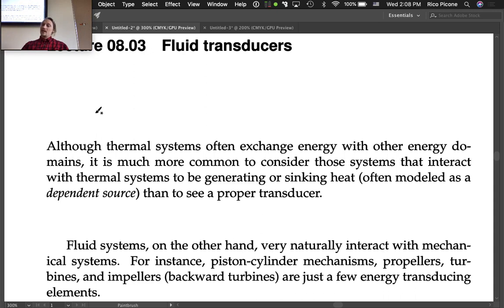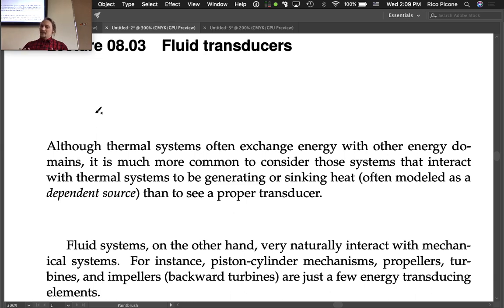But a dependent source doesn't do so in an arbitrary way. A normal source can set, say, its pressure if it's a pump. You can externally set what the pressure is for a pressure source. But a dependent source is one that is set by some variable inside the system.